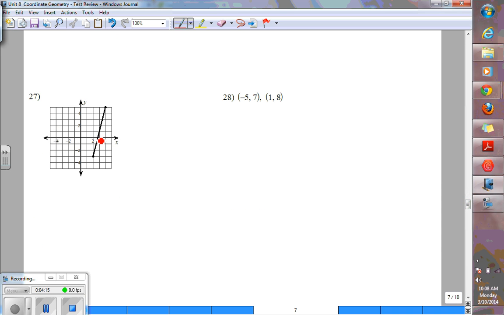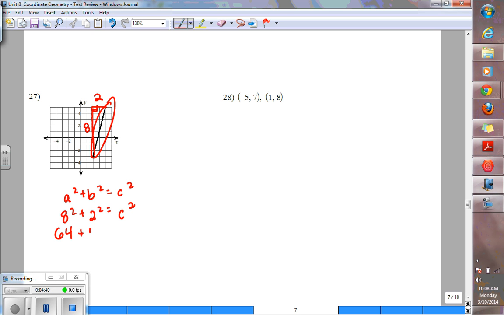On 27, I'm going to want to use my slope triangle. I'm going to count 1, 2, 3, 4, 5, 6, 7, 8 for my rise. And for my run, I can use my Pythagorean theorem. I'm going to find the distance here, which is my c, my hypotenuse, across from the right angle.